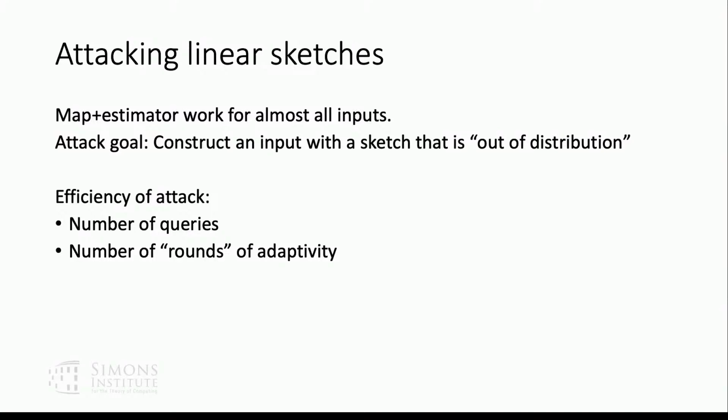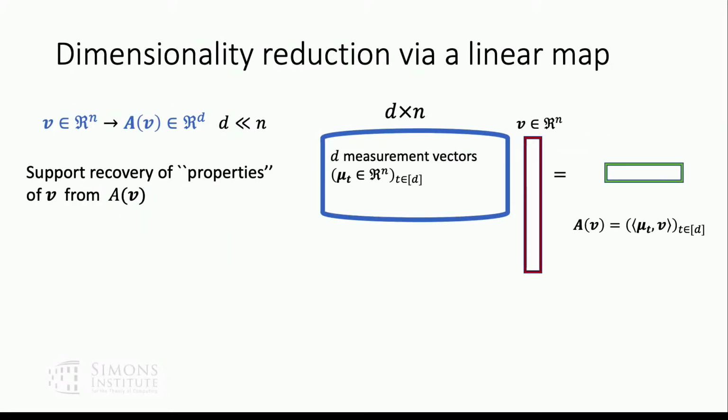Now, generally, for attacking linear sketches, the attack goal is to produce an input with a sketch that is out of distribution. And then we look at the number of queries we need to issue and the number of rounds of adaptivity.